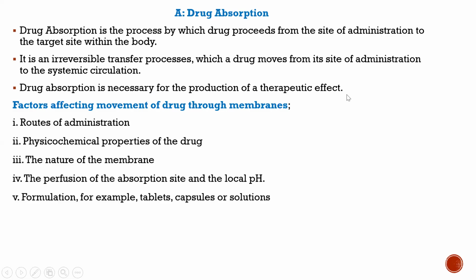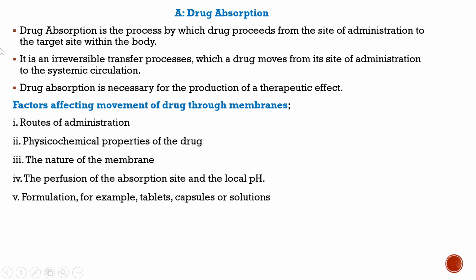If a drug is not absorbed in the body, it means that the drug will not produce a therapeutic effect, or it will not cure the particular disease it is targeted to cure. All right. So we have different factors that can affect the movement of drugs through membranes, because these drugs that are being absorbed move into the body, and they have to bypass a lot of cell membranes in the body.